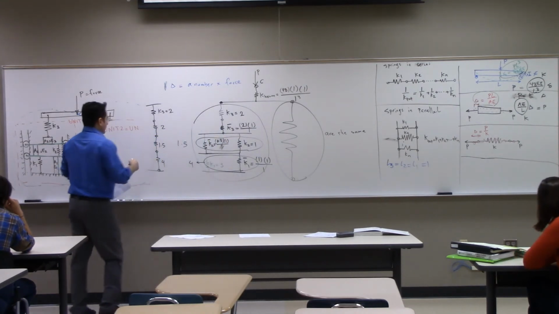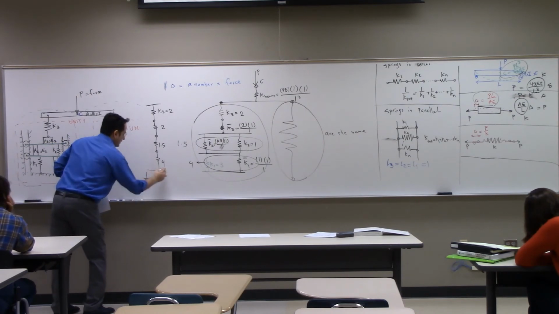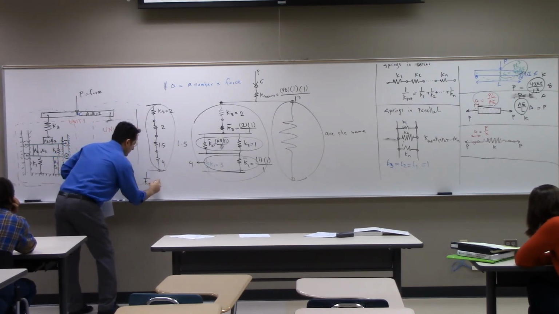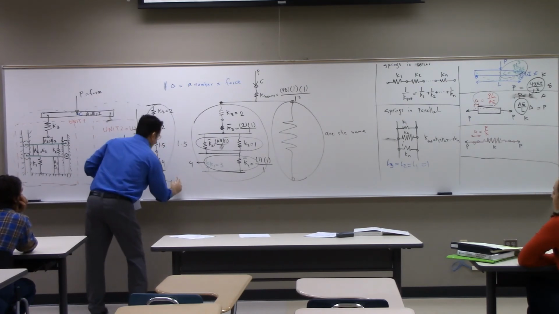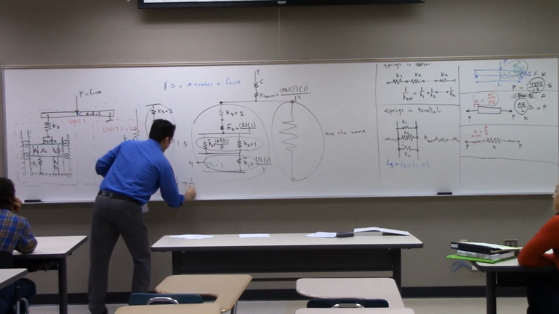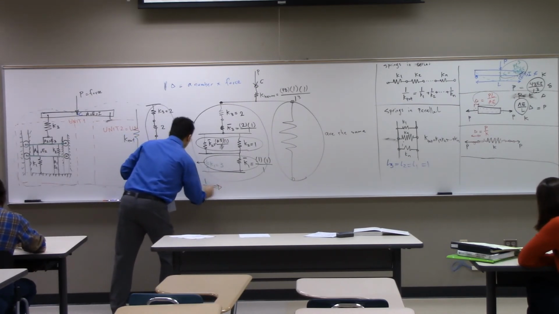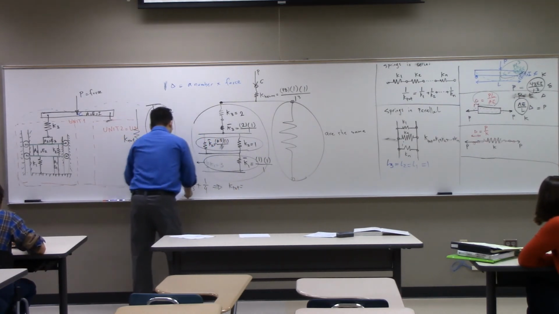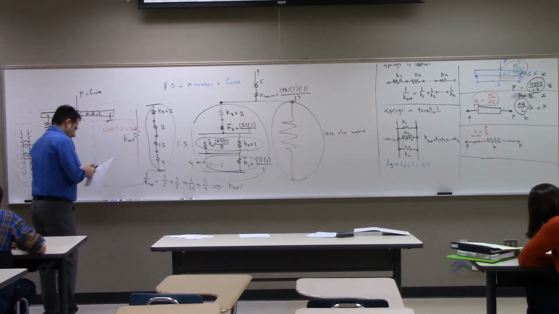So if I have in series, then 1 over k total, if I replace this with just one spring, is equal to 1 over 2 plus 1 over 2 plus 1 over 1.5 plus 1 over 4. Then you find k total is equal to the calculator. Don't forget to invert it.